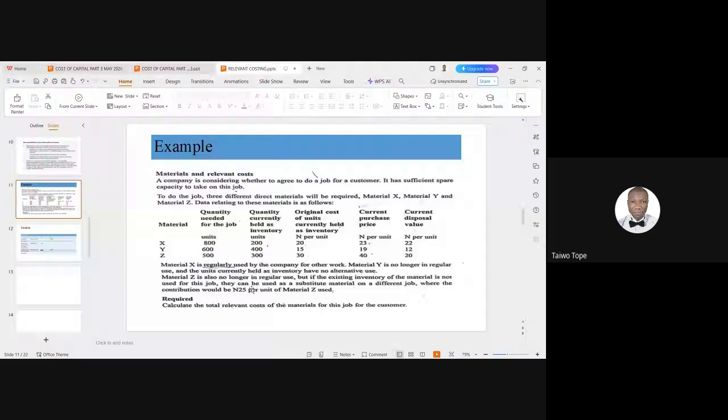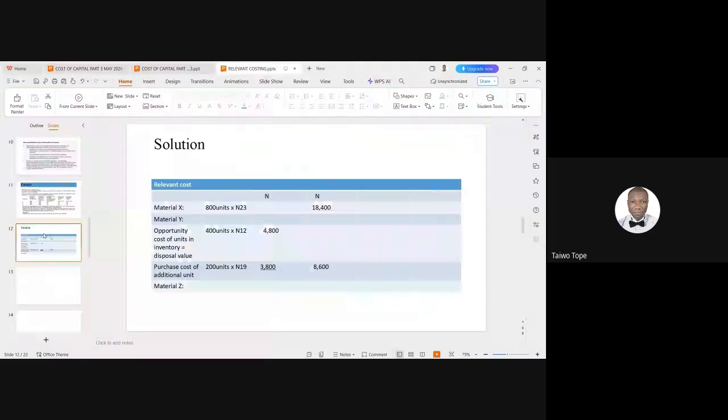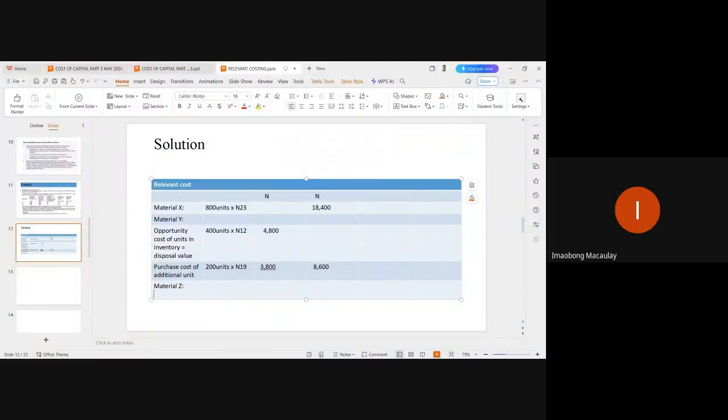So the opportunity cost of units in inventory will be what?